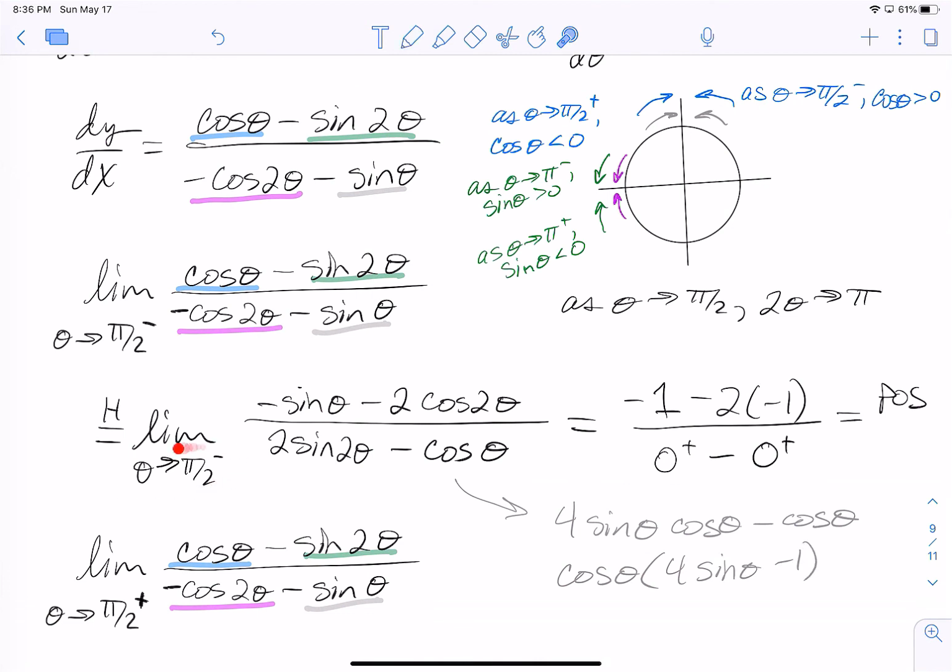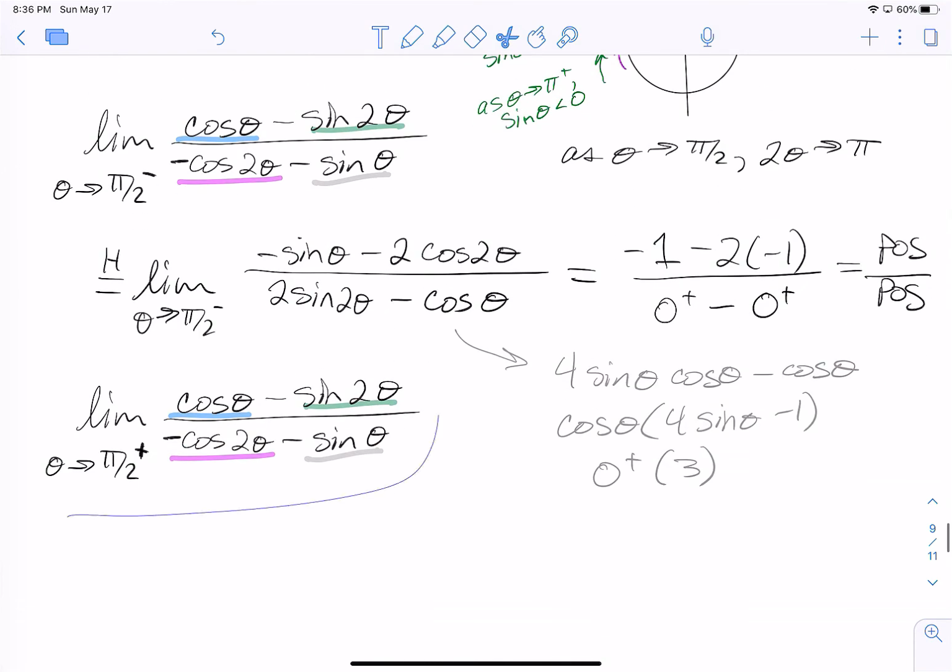As theta approaches pi over 2 from the minus side, the cosine of theta approaches 0 from the positive side. And the sine of theta approaches 1. So we end up with basically 0 from the positive side times 3. That results in a positive denominator. So what we have is a finite numerator and a zero denominator, both of which are on the positive side of the house.